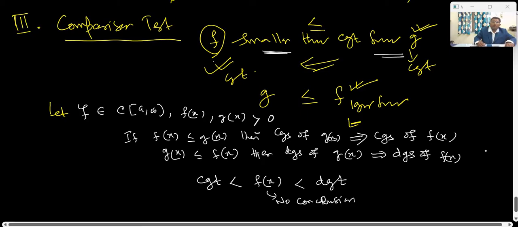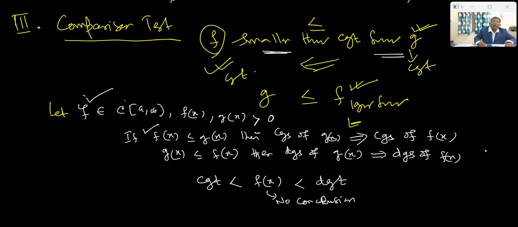Suppose f belongs to the class of continuous functions in the interval, meaning the integration permits here. If f is smaller than g, then once g is convergent, the smaller function is also convergent. So convergence of g ensures the convergence of f.